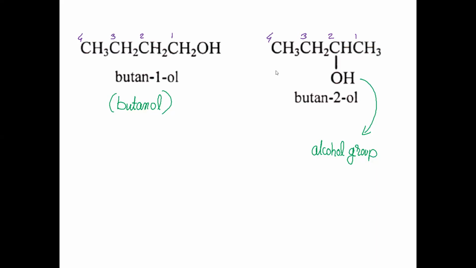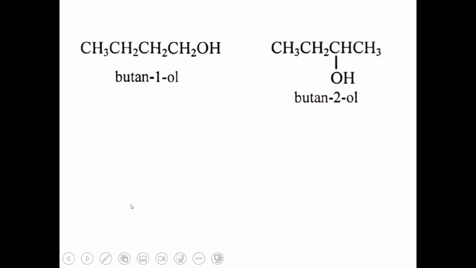Look, with numbering, we always number from the side where the OH will get the lower number. We number the chain in such a way that OH will get a smaller number. Look at the screen. If I number from here, it will be considered wrong.